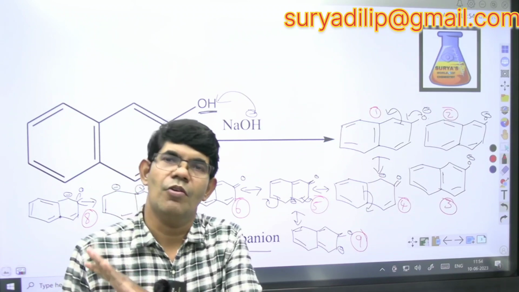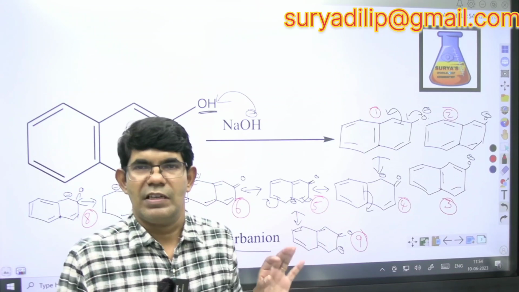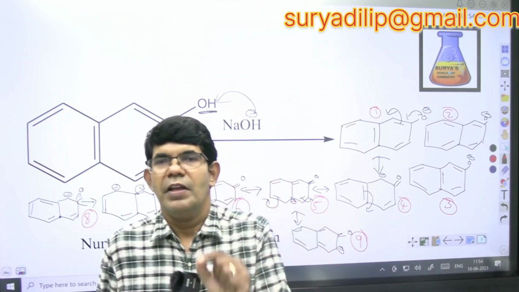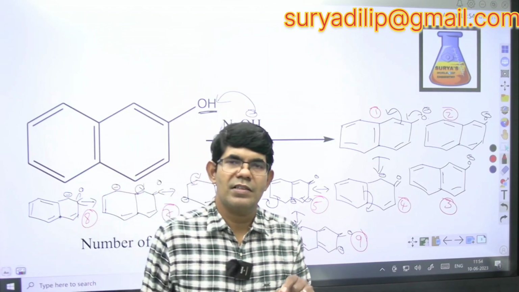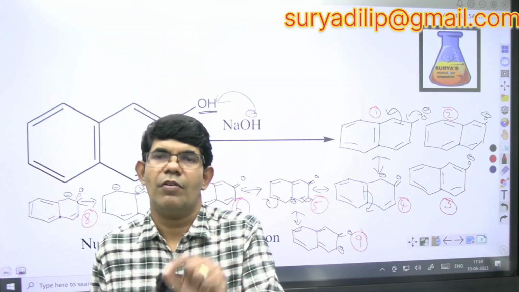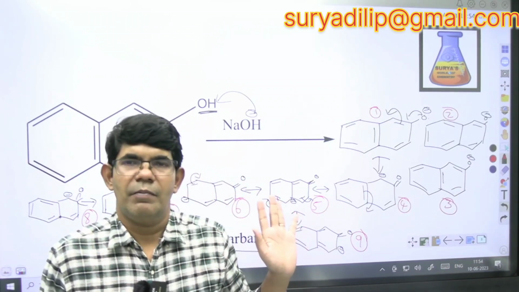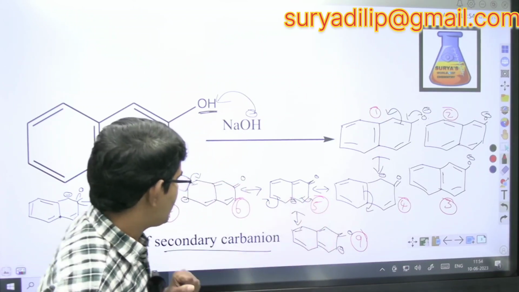Then there will be no question of repeating or any mistake. But only one point you have to check: when you have a negative charge or a positive charge created in the system, is there a possibility for cross conjugation? If you just look at that, and let me tell you students, there will be no scope of making any mistake. So let us come to the question now.